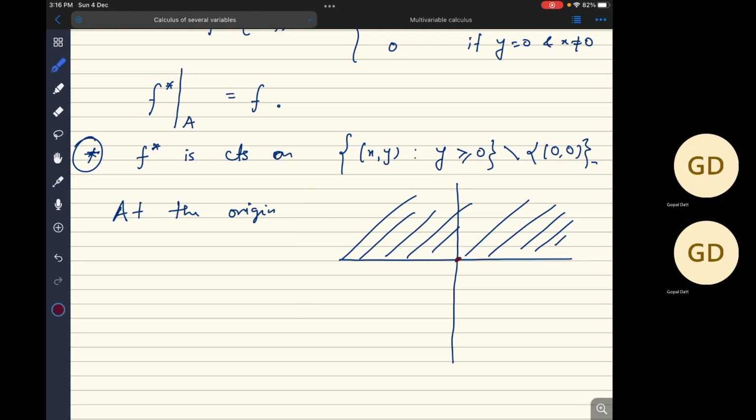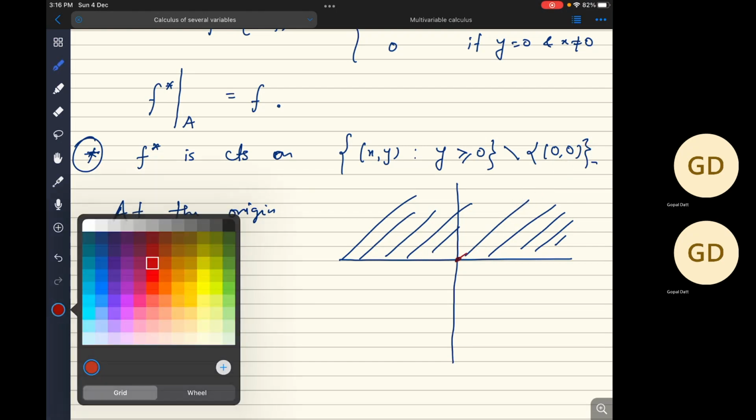So in this set, f can be extended and we call it f star. Now let me take a set in this closed upper half plane. Take this set y equal to x, whenever y equal to x.